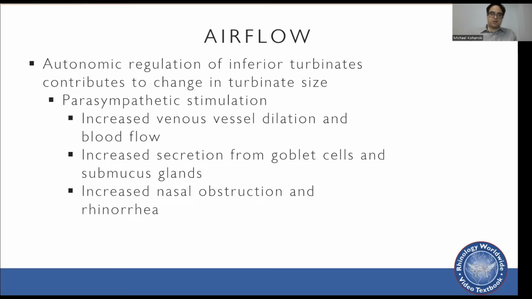Specifically, parasympathetic stimulation of the inferior turbinates will lead to increased venous vessel dilation and blood flow, so an increased capacitance of the inferior turbinates, which will lead to an increase in their size, which would result in an increase in nasal obstruction. At the same time, parasympathetic stimulation increases secretion from goblet cells and submucous glands, which would result in rhinorrhea. So in sum, parasympathetic stimulation of the inferior turbinates leads to an increase in obstruction and rhinorrhea.